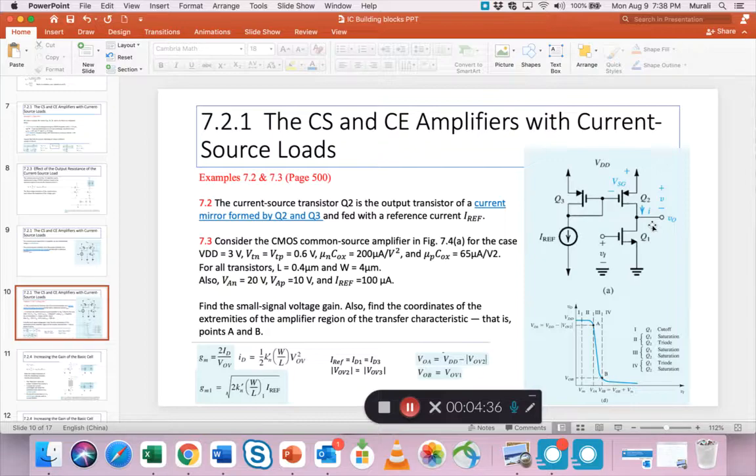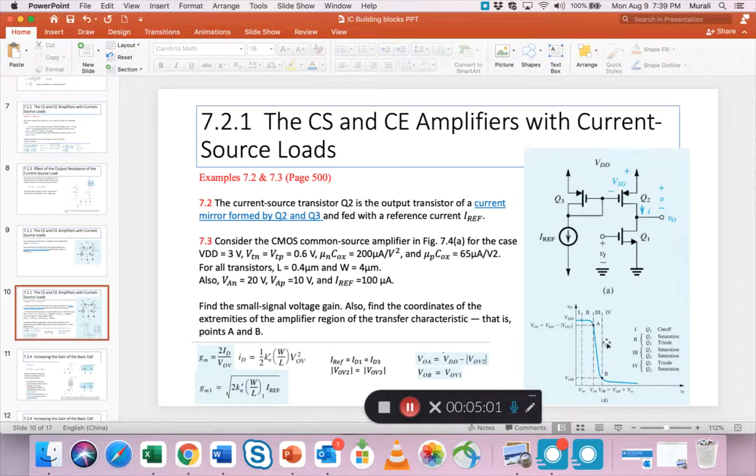Some of this we'll repeat again next week, so I'll hold off until then. But I advise you to look through this and understand that this is almost like your inverter, right? Remember the basic CMOS inverter consists of a pull-up transistor and a pull-down transistor, the NMOS and the PMOS. This is similar to that.